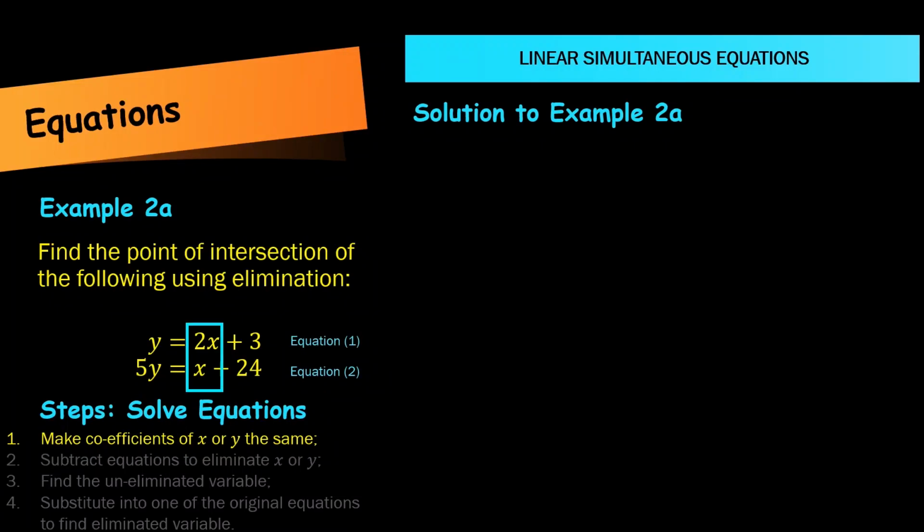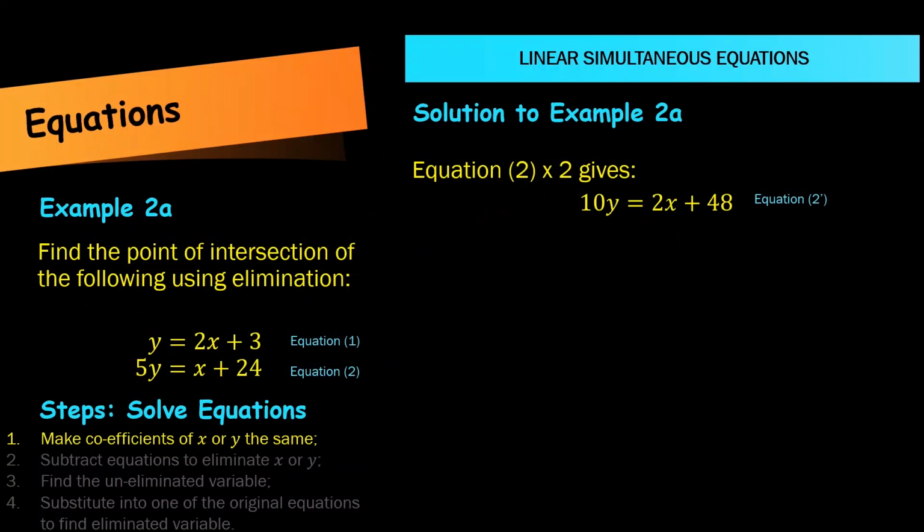We must either make the coefficients of x the same or the coefficients of y the same. We will proceed to make the coefficients of x the same. Multiply equation 2 by 2 to give 10y equals 2x plus 48.